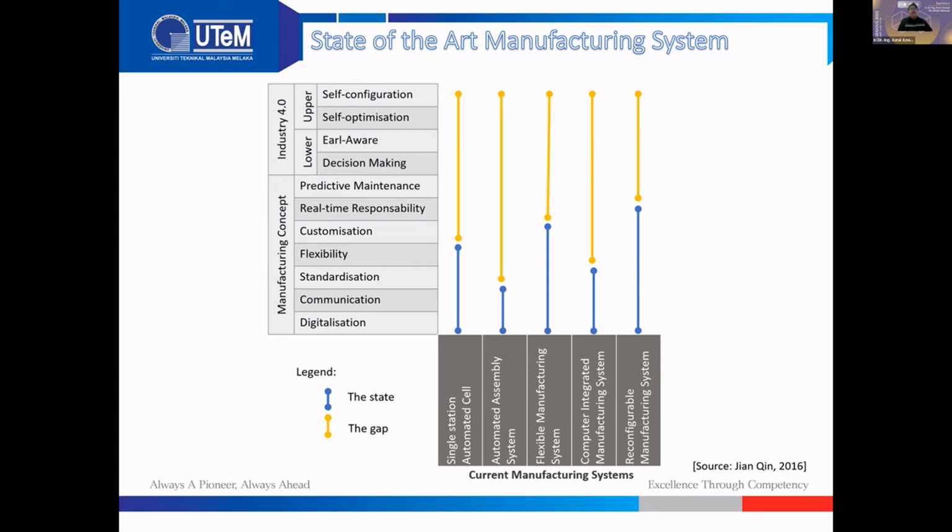We can say that among these systems currently available in manufacturing, the reconfigurable manufacturing system has better characteristics, which lead, or which we can extend, into Industry 4.0. That's why I really believe that whenever we would like to have a real Industry 4.0 manufacturing system, it comes from the reconfigurable manufacturing system itself.